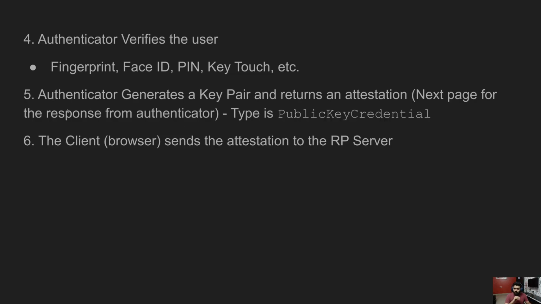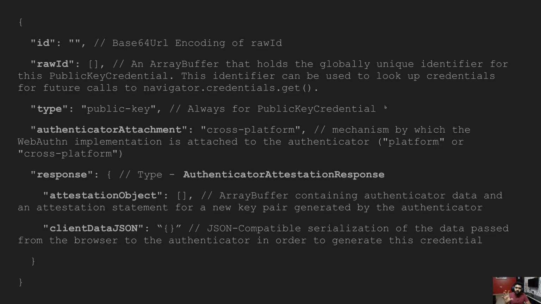Now, in this step 5, we have this attestation. So let's see what this attestation contains. Once the authenticator verifies, generates the private-public key, and signs that challenge, it will return with this information. So the browser, or client, will have this information.